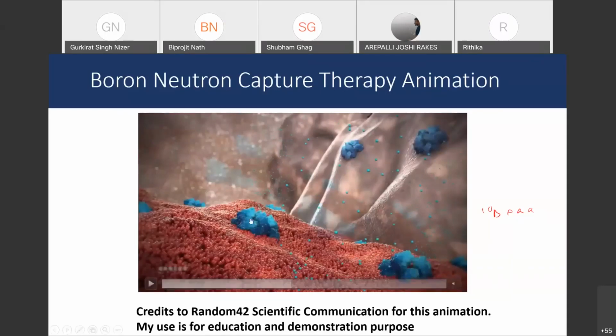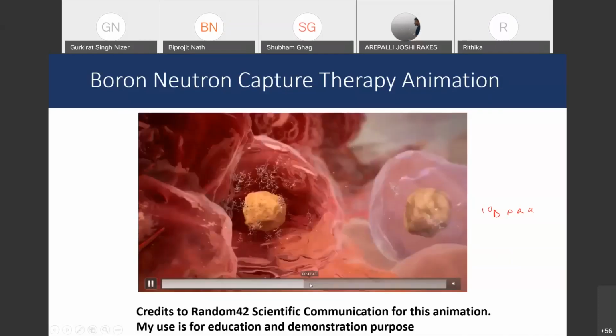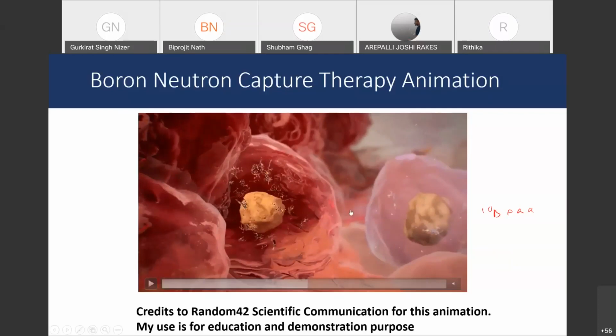And this cancerous cell takes more boronophenylalanine than the normal cell, and thus we can see there is a higher amount of boronophenylalanine inside the cancerous cell, whereas there is a very minimal amount in the normal cell.